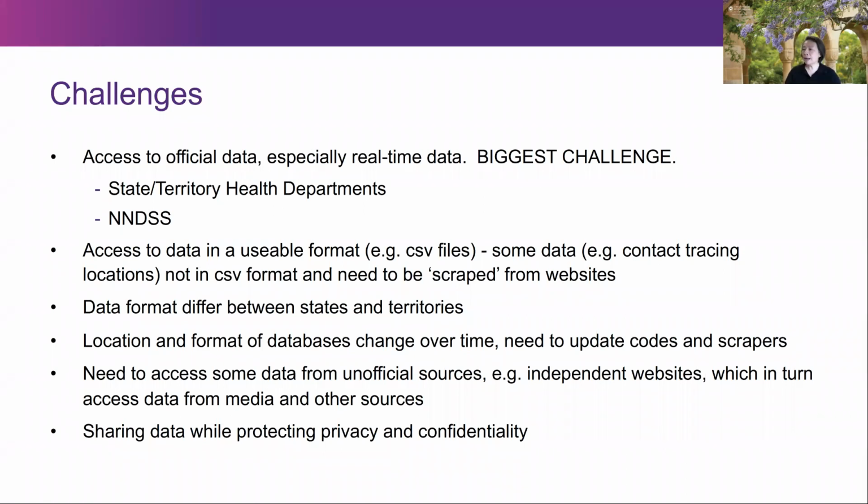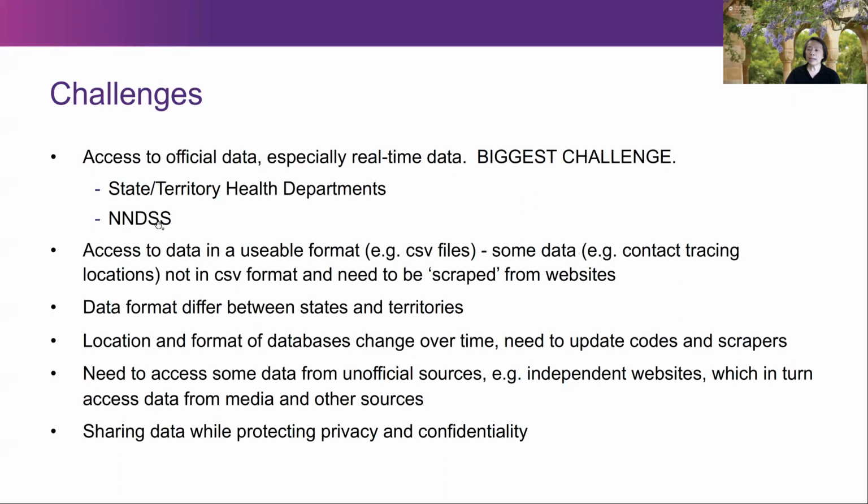So, like I said, the biggest challenge has been access to official data, especially real-time data. So we've been getting it from state and health departments, and also the National Notifiable Disease Surveillance System, or trying to.